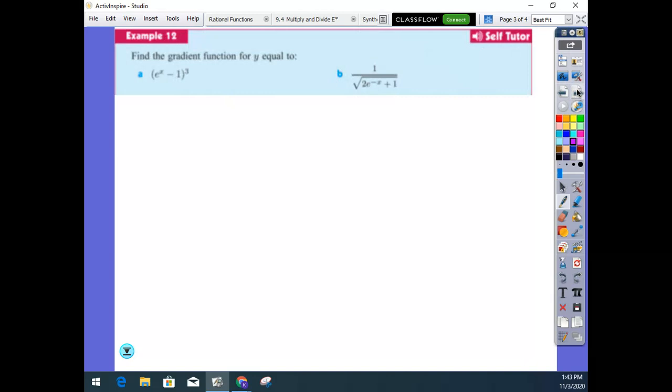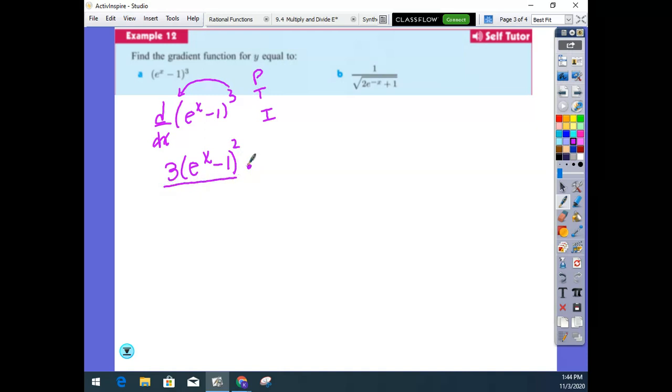Here's just an example of chain rule along with e. So power, trig, inside. Move the power down, the inside stays the same.